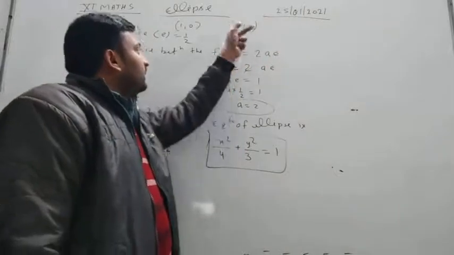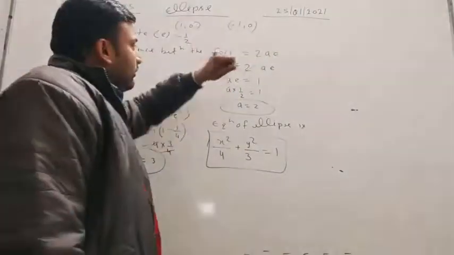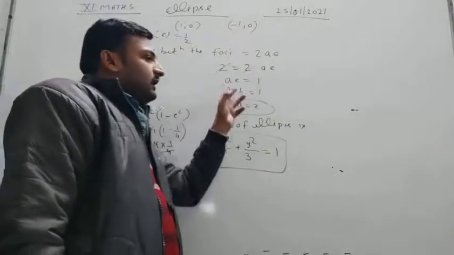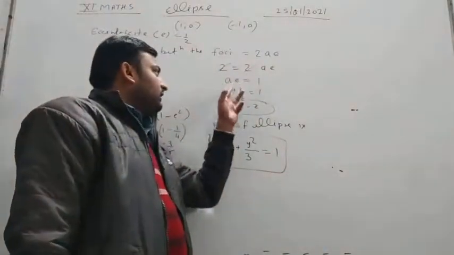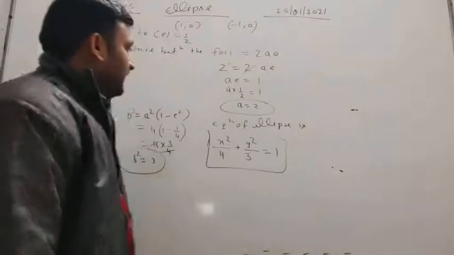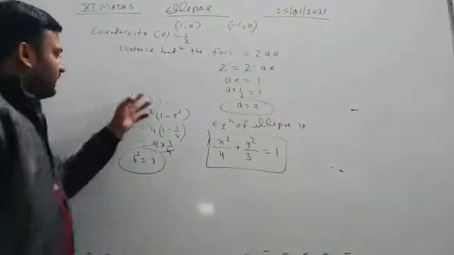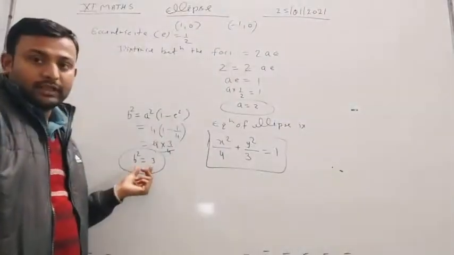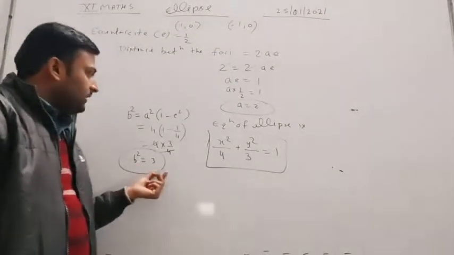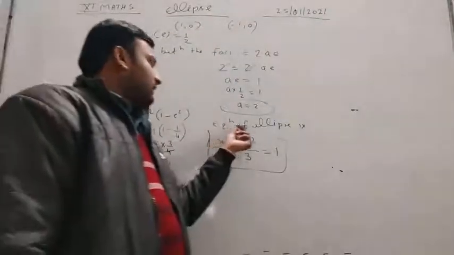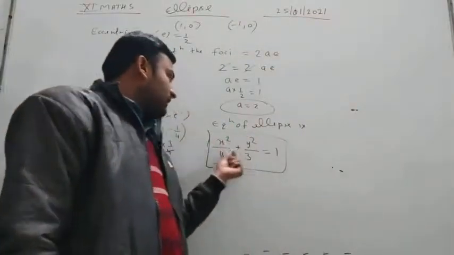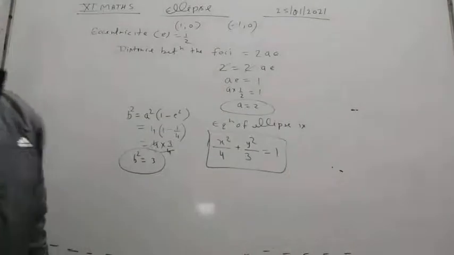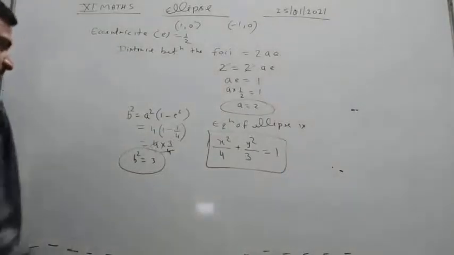We write 1 and 1, so it will be 2, so 2 is equal to 2A E. When we put E here, we get A is 2, and B square is equal to A square times 1 minus E square, so we get B square is 3, and the equation of the ellipse is x square by 4 plus y square by 3 is equal to 1. Okay friends, I hope you understand.